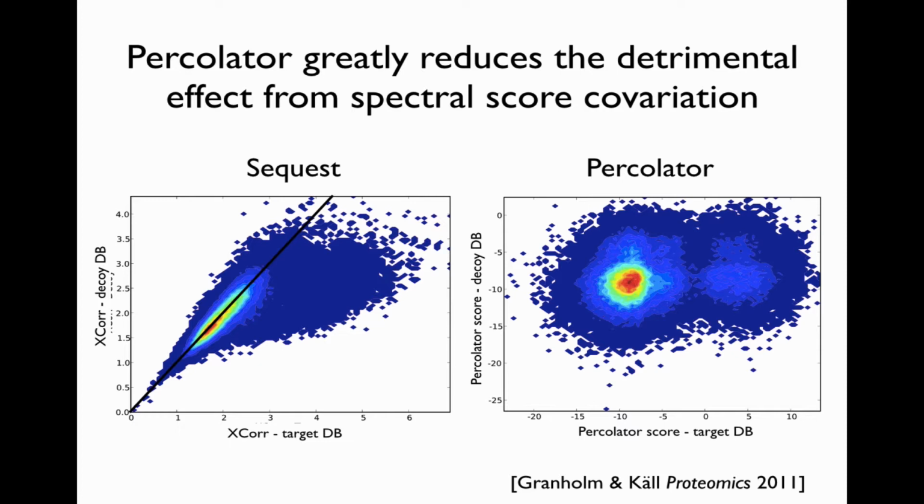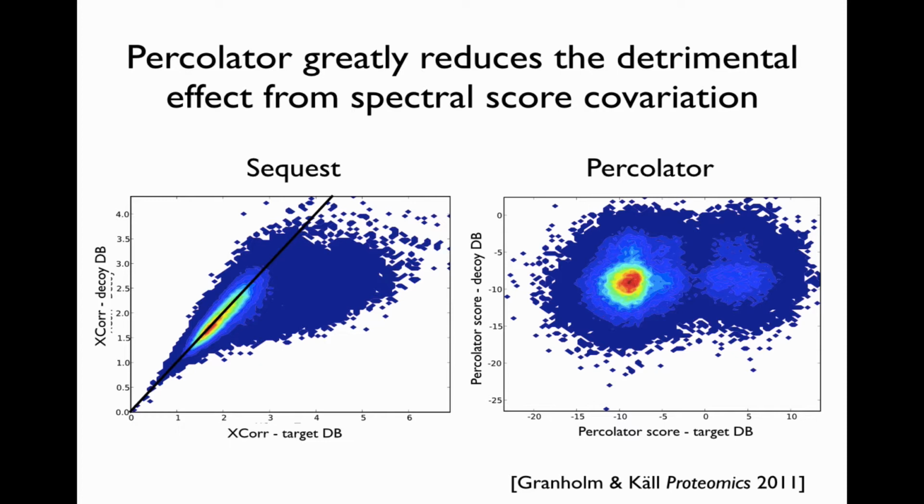As you might observe, there's a large correlation between the score against the target database and the decoy database for Sequest, whereas no such trend, or not as big a trend, is observable for Percolator. This makes it much easier for the end user to threshold the scores.